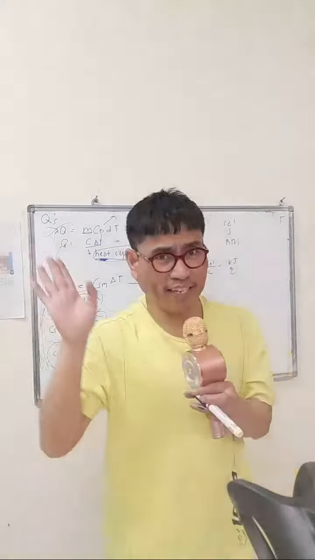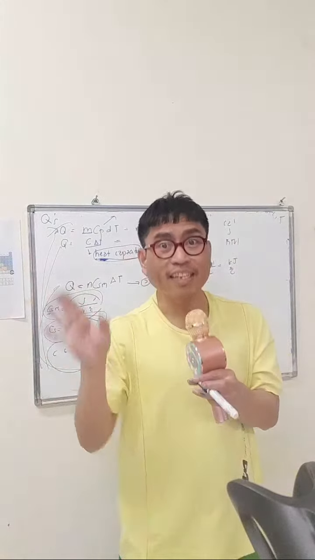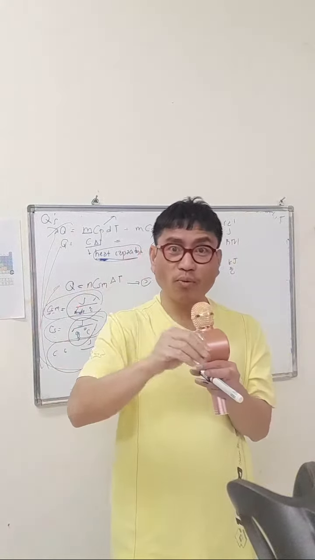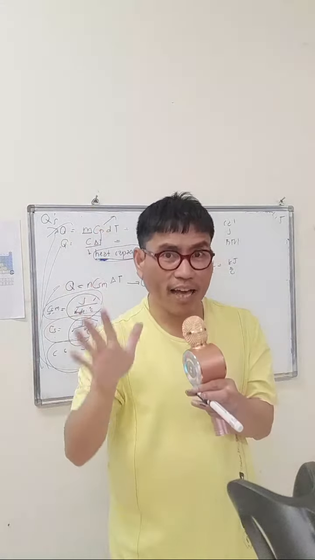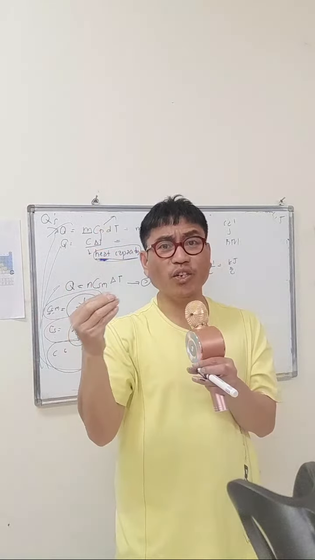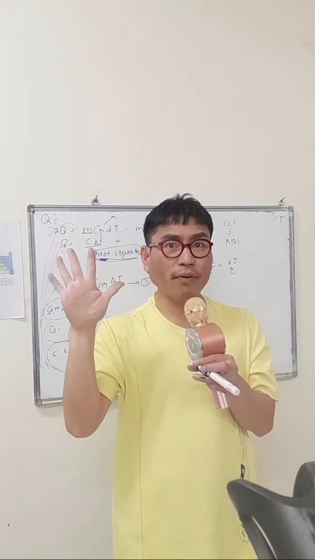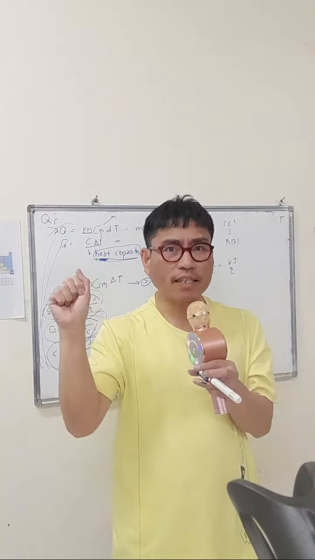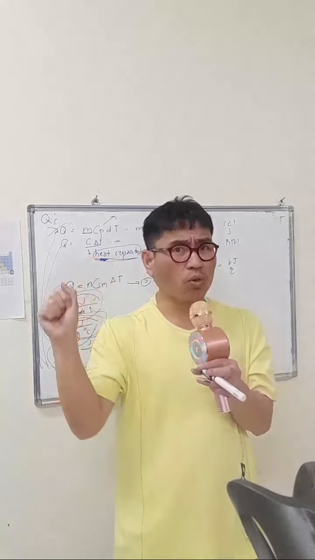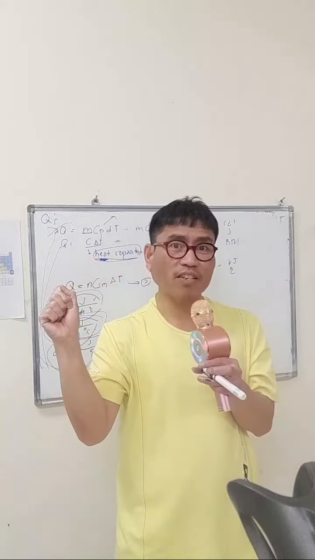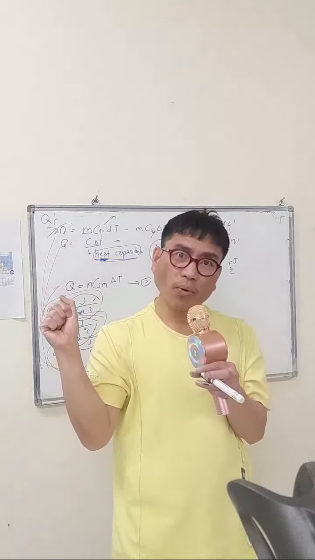Now, if it is in terms of grams, then you convert that to mole or back to grams. It depends on the situation. As long as the denominator is cancelled, what will be left is the heat Q alone, in calories, kilojoules, joules, whatever unit you want, or British thermal unit, if you like also, right?